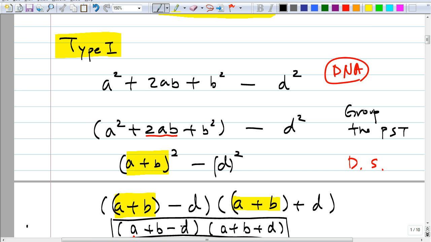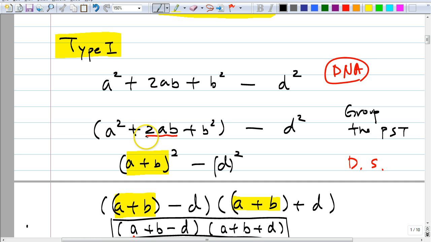By the way, has anybody figured out why I call this the DNA onion problem? Remember, DNA tells you who your biological mother and father are. Sarah, what do you think, why did I call it DNA? Because A plus B comes from the trinomial.